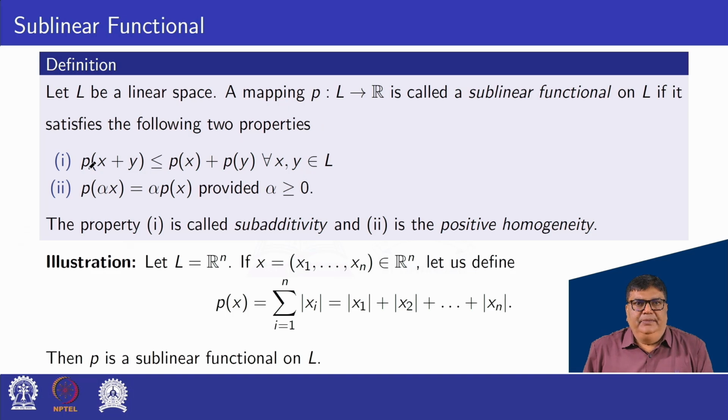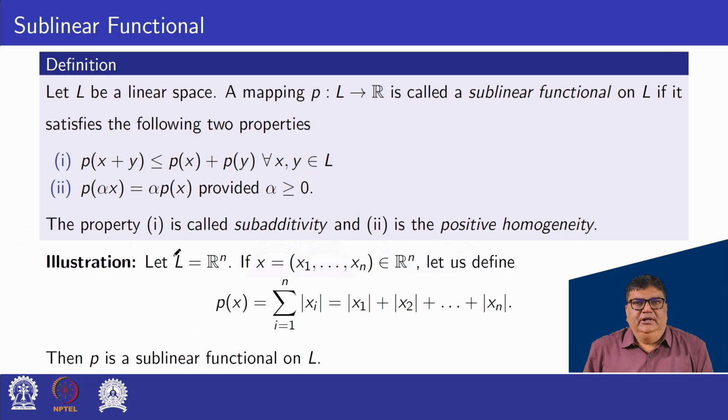First, P of x plus y is less than or equal to Px plus Py for all x, y belonging to L. Second, P of alpha x equals alpha Px provided alpha is greater than or equal to 0, that is, alpha is non-negative. The first property is called subadditivity and the second is positive homogeneity.